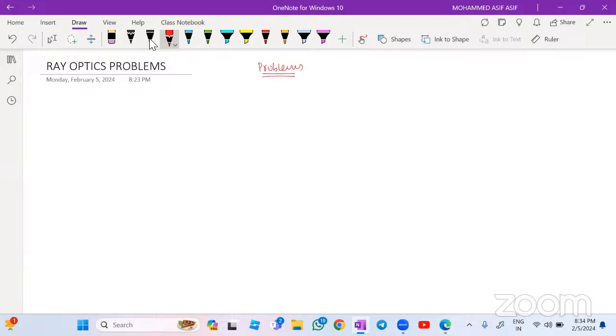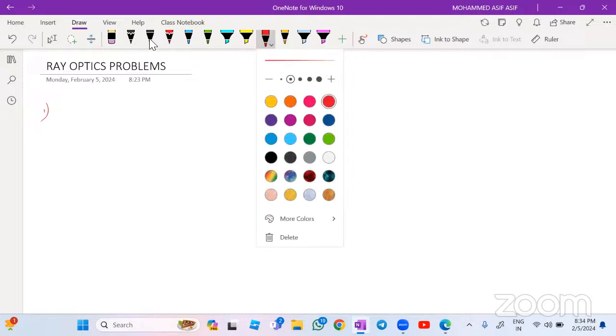Let us try to do some problems on ray optics. Here's the first problem, beta. See here.